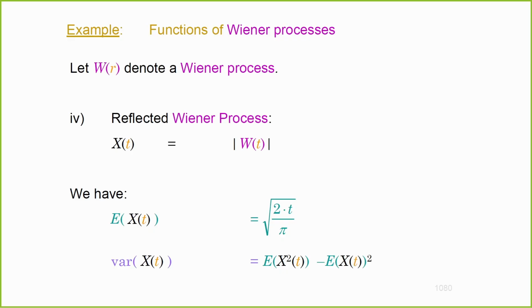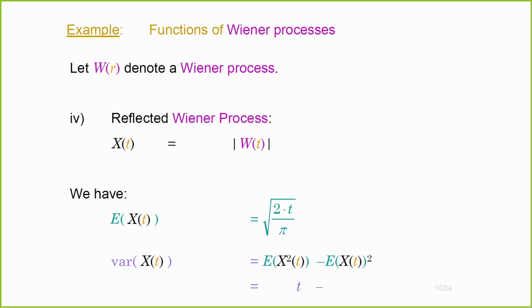And the expectation is here. So if I take the square of that, you simply need to get rid of the square root. The expectation of the square of the reflected Wiener process is simply the expectation of the square of the Wiener process, which is its variance. So the variance of the Wiener process, which is the expectation of its square, because the absolute value does not change anything, was t, that was the variance of the Wiener process, minus the square of the expectations.